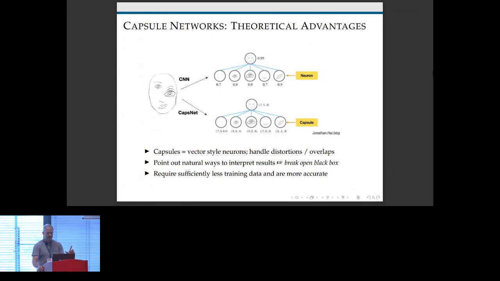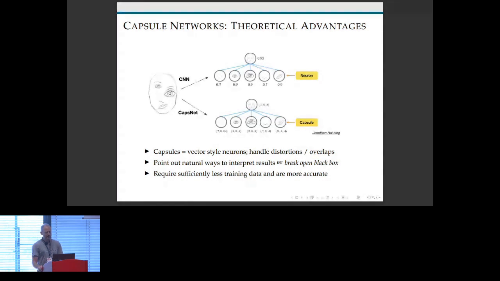The capsule network has vector-style neurons that collect not only the probabilities into the vector, but also other information, by which the capsule network can better classify what is going on. For example, we also store the size and the orientation of the different elements, and then you see the mouth is slanted, so the angle does not agree with the other elements, and the size of the left eye is larger than the right eye.